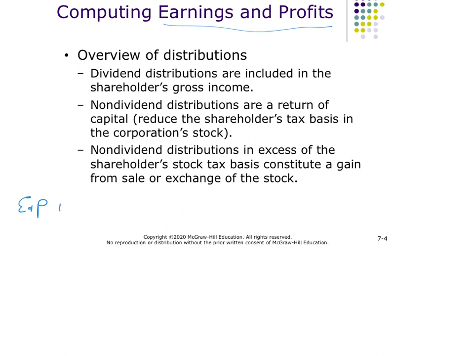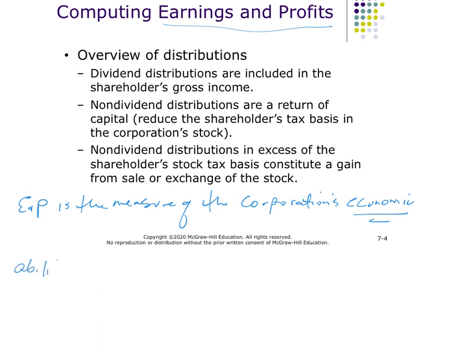Earnings and profits is a measure of a corporation's economic ability to pay dividends. All right. So remember that it's an economic ability to pay. So we're going to start with taxable income and then make some adjustments.